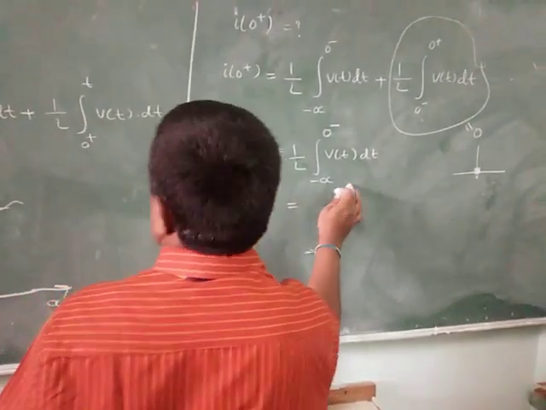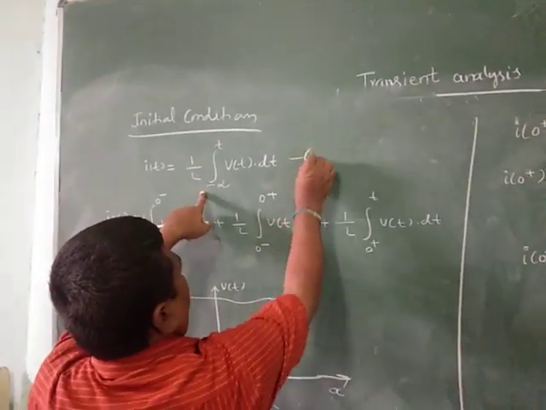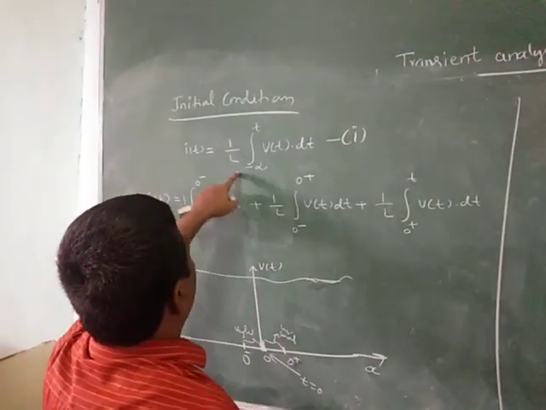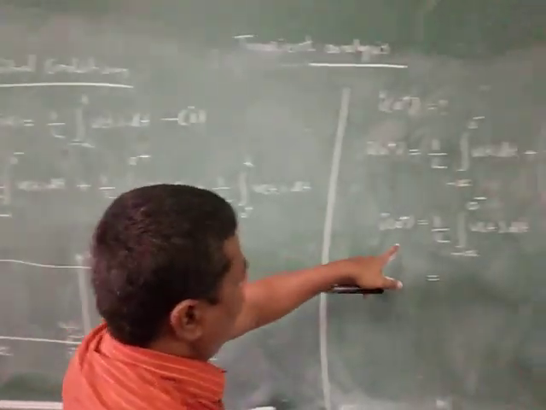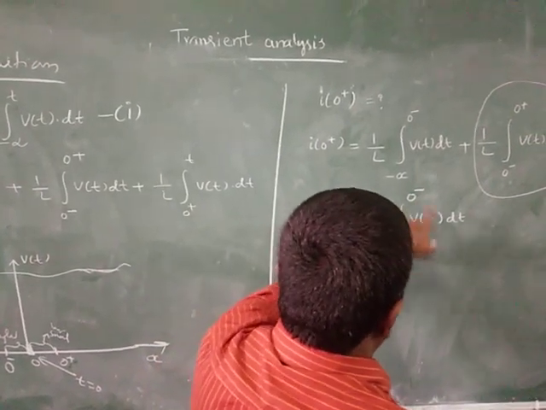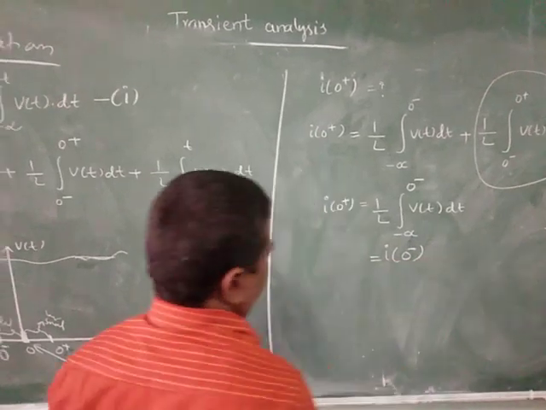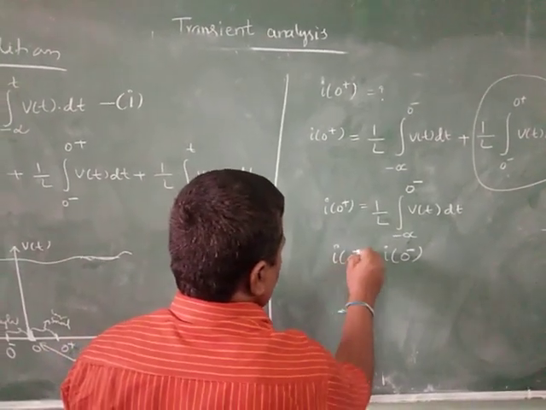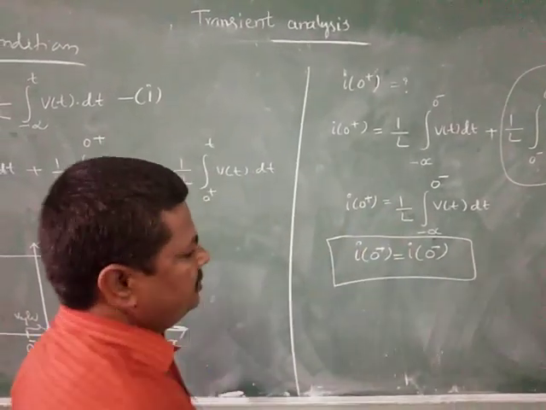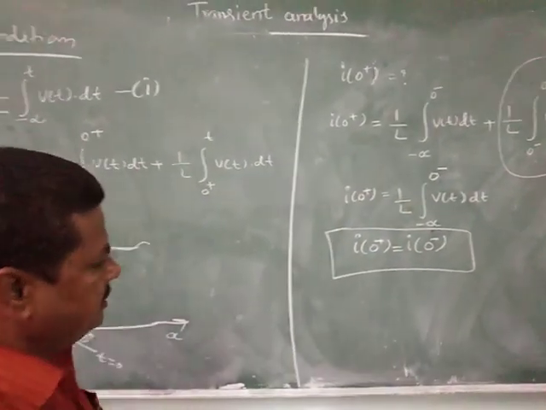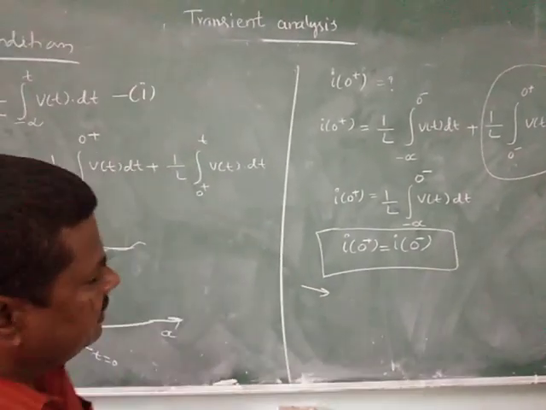According to our definition, I of t is equal to 1 by L integral minus infinity to t v of t dt. So this one is I of 0 minus. That is, I of 0 plus is equal to I of 0 minus. This is an important relation in an inductor: an inductor does not allow sudden change in current.